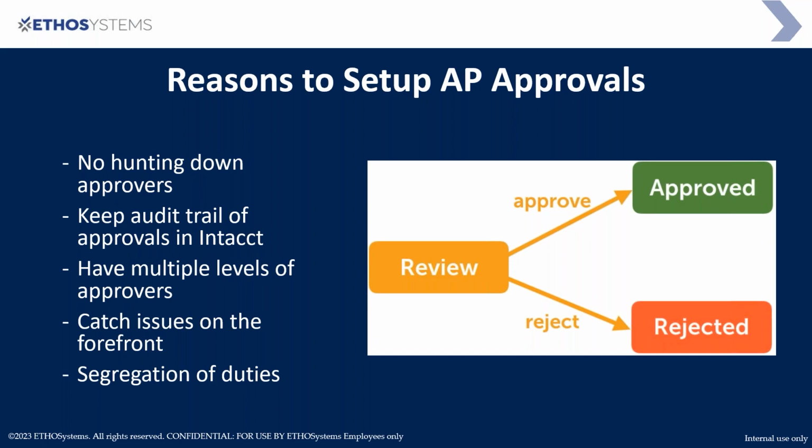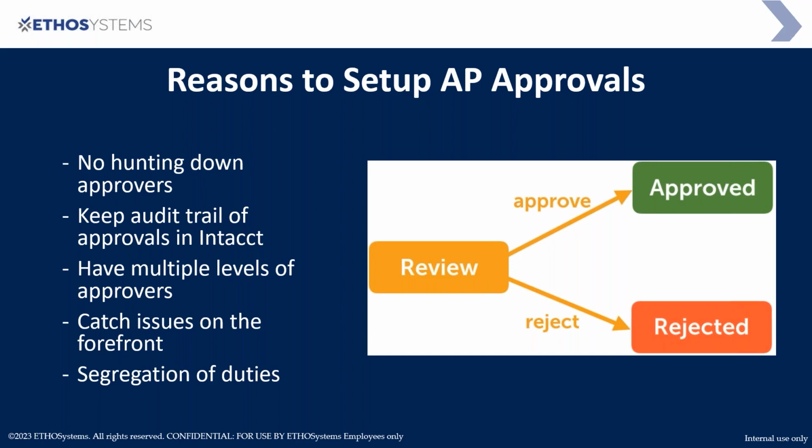The other more important issue is that we're able to catch issues up front. If we don't have approvals set up in accounts payable and I submit an invoice with no approval flow, it can go straight to be paid and nobody looked at the GL account coding, nobody looked at the attachment, nobody looked at whether it's the right project or the right cost code. Nobody really checks any of that.